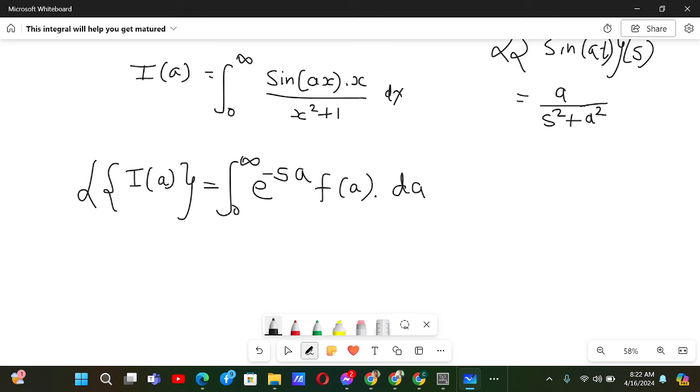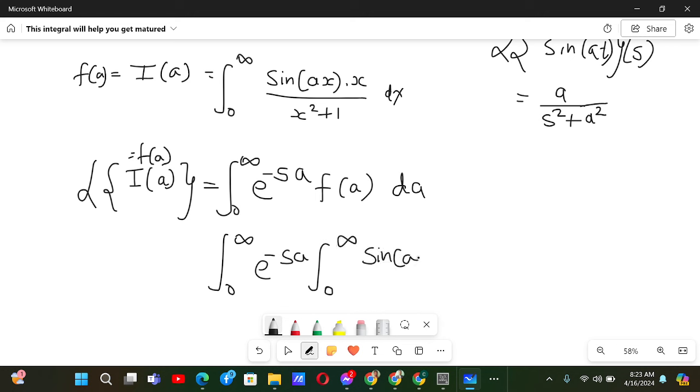By f of a I mean I of a actually. I can let this be f of a as well, it doesn't really matter. Then f of a is integral from 0 to infinity of sine of ax times x by x square plus 1 dx da.